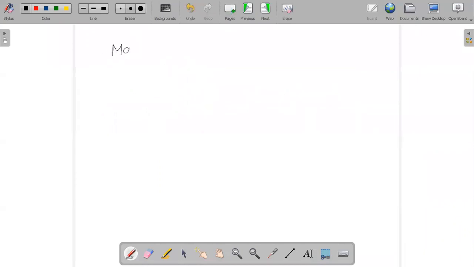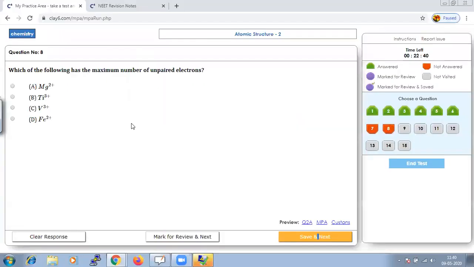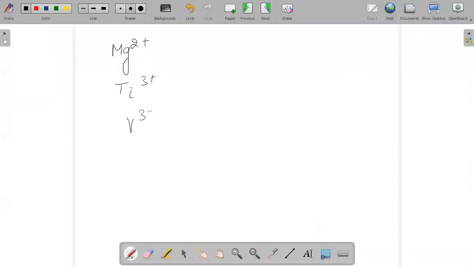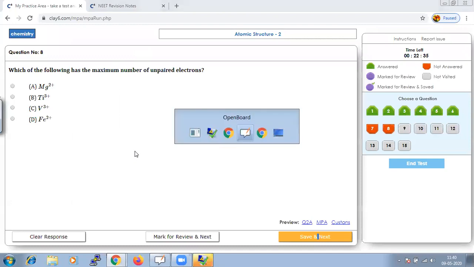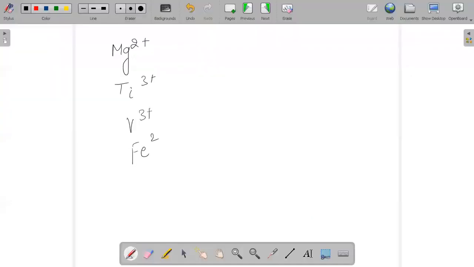Like if I say Mg2+, we have to find how many unpaired electrons are in each. Then that is your titanium. The next option is V3+, and then Fe2+. When we do the electronic configuration for each, you will be able to find the number of unpaired electrons in each option.